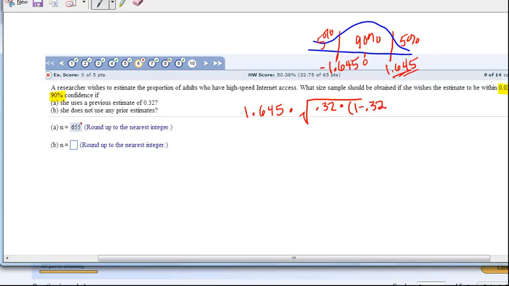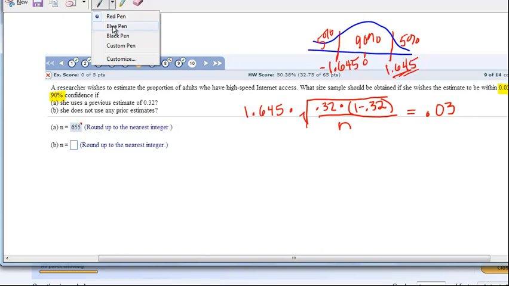So we're taking that proportion and subtracting it from 1. And then this is divided by the sample size, which is n, and equals the margin of error, which is 0.03. So now we just do the math and solve for n.